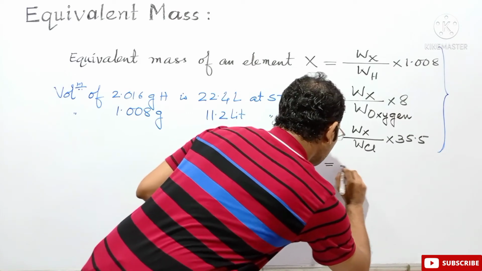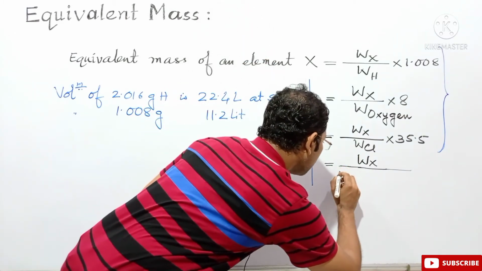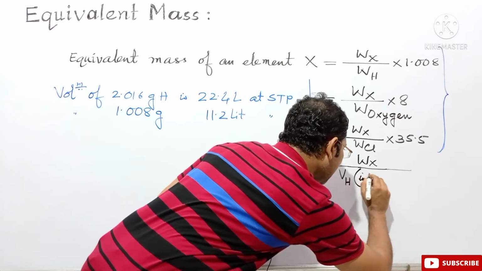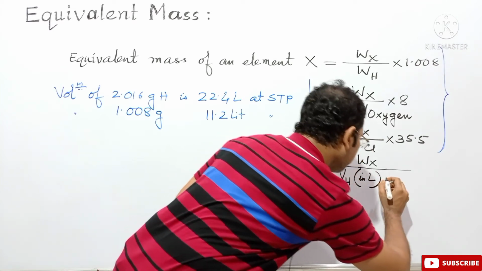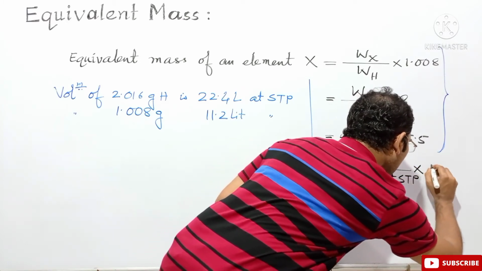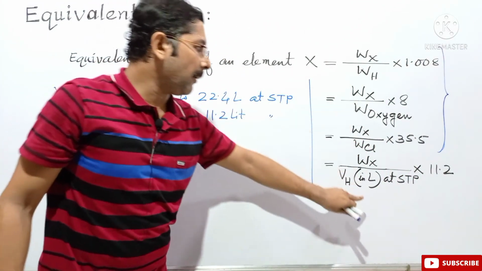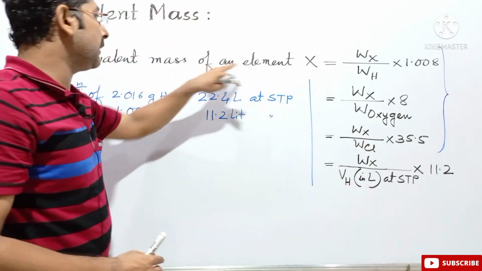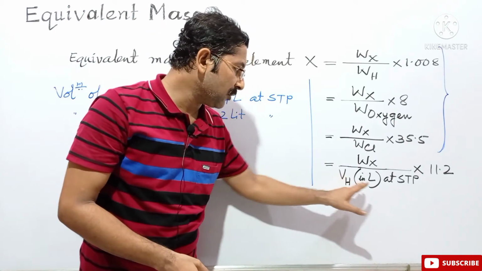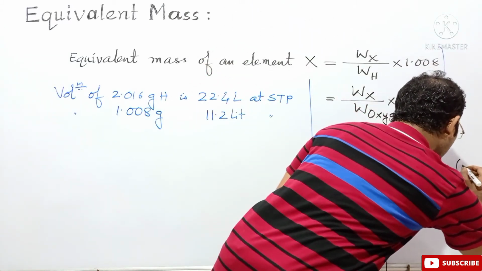This is equal to the mass of the element X, Wx, above, and below, say, the volume of hydrogen in liter at STP, standard temperature and pressure, into 11.2, right? So this is another definition of the equivalent mass of the element. Look here, this is dimensionally correct. This volume of hydrogen is taken in liter at STP, and of course this 11.2 is in liter.